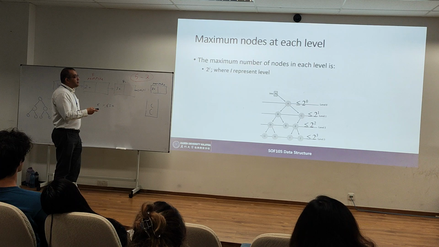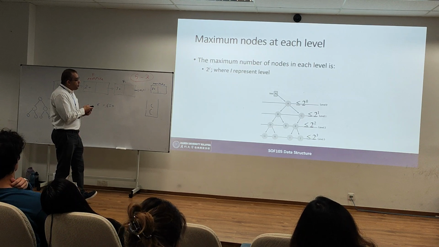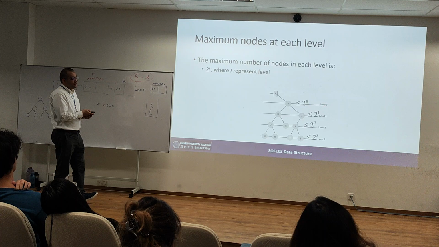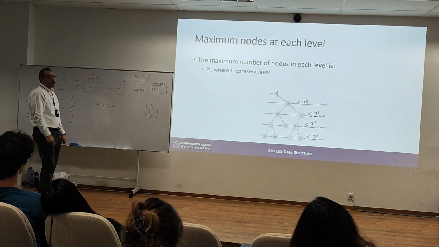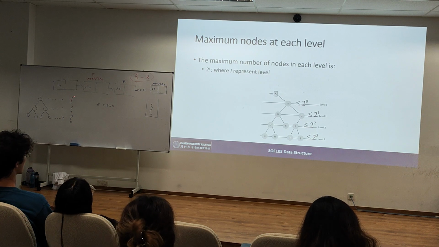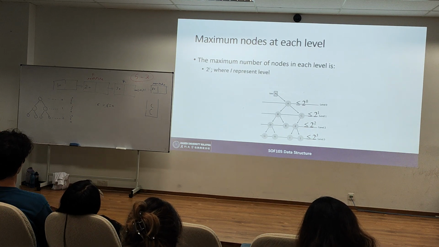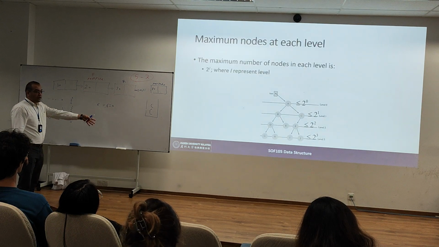So, the maximum number of nodes at every level is 2 to the power i. What is i? The level, where i represents the level. So why do we start leveling from 0? To use this. So 2 to the power 0, 2 to the power 1, and so on. Nothing else. All right, that's fine. So far, okay or not?